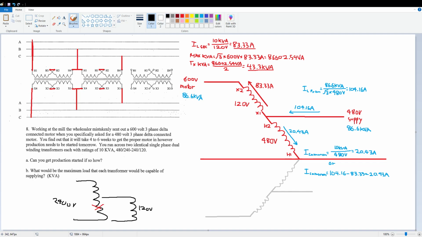What's going to happen is that since this is open, you're going to have current flowing through the smaller winding and then back. So it's going to take an alternate path, but that's a really bad thing because this is 2400 volts and it's flowing through a 120 volt winding. So this winding isn't rated for 2400 volts.